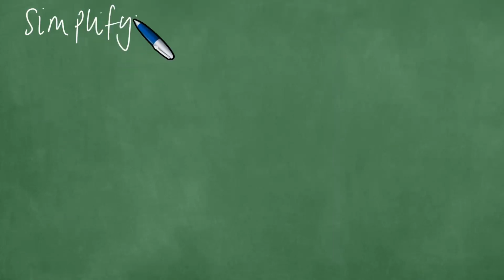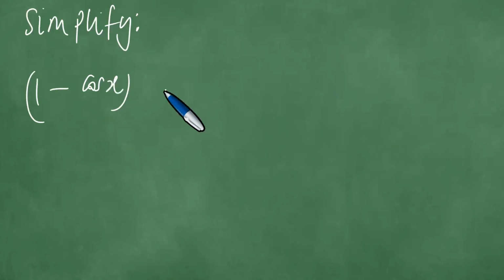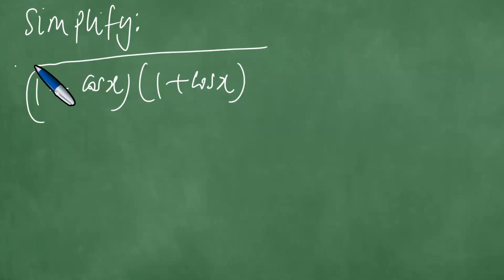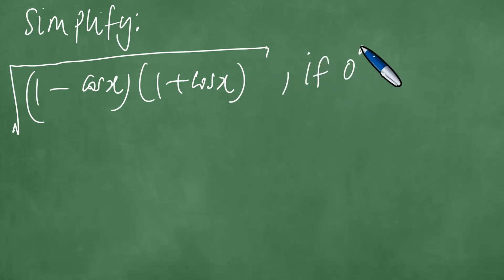Okay, this one we need to simplify: the square root of 1 minus cosine x times 1 plus cosine x, where x is less than 90 degrees. Just maintain the x variable.